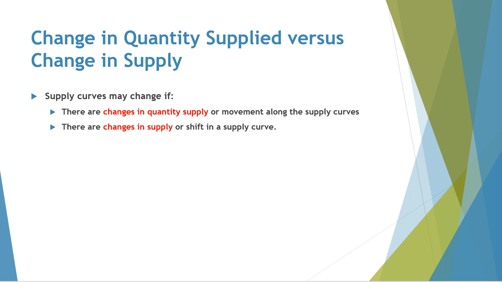Next, let's talk about changes in quantity supplied versus changes in supply, or shift in supply. Changes in supply or shift in supply is the same thing. The supply curve may change in the following situations.